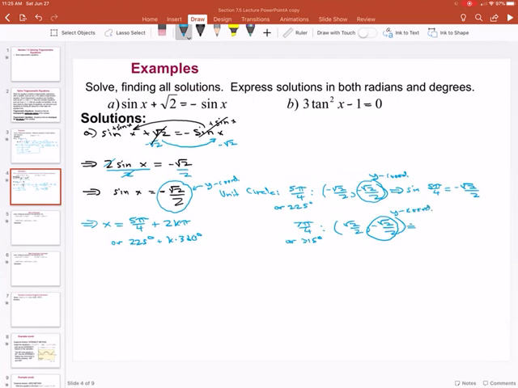So again, if I say what's the sine of 7 pi over 4, you would tell me negative square root of 2. So there's a solution. So we also have x equal to 7 pi over 4 plus 2k pi, or again in degrees, 315 degrees plus k times 360 degrees.